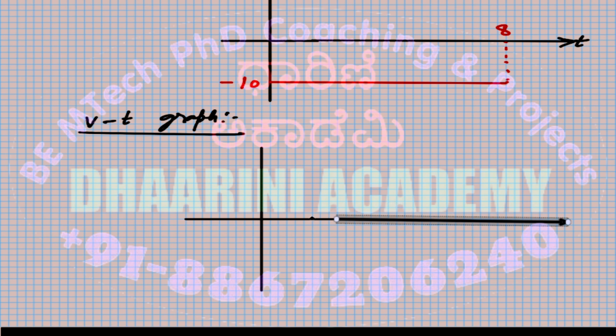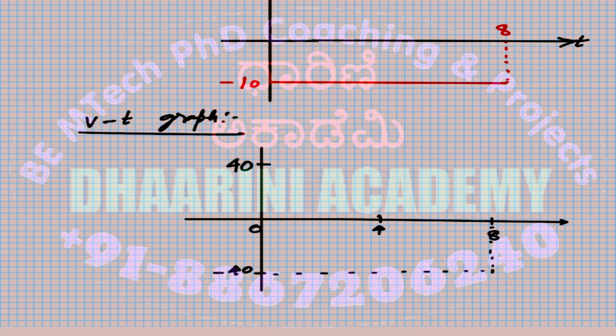So let's divide this: this is 0 seconds. Somewhere here I draw the 4 seconds, and somewhere here let's have the 8 seconds. So this is the point where it has +40, and let's say this is the value for -40, it has to reach -40 at this point. Initially it will start from +40, and it will reach -40 over here. For that reason, let's try to draw the curve.